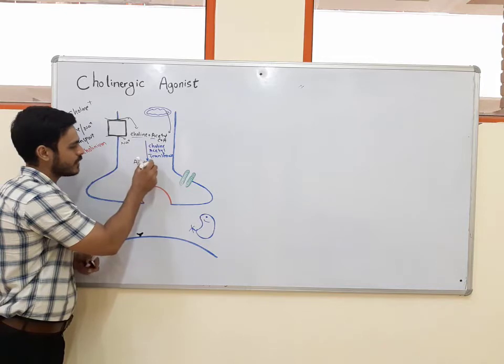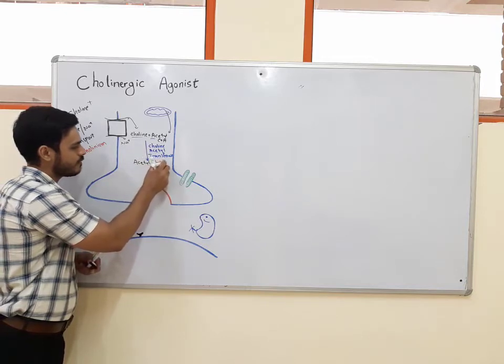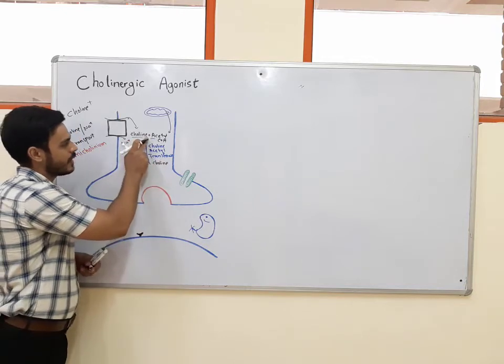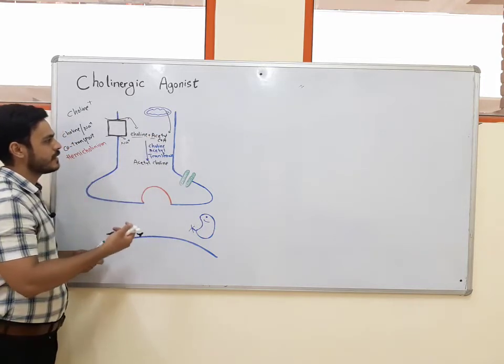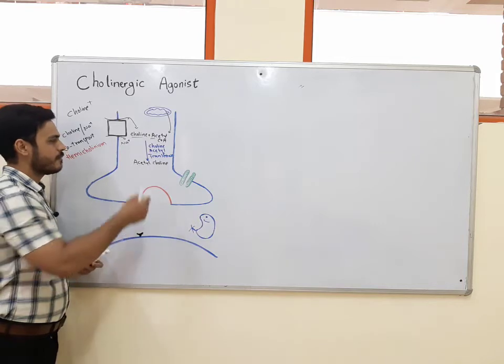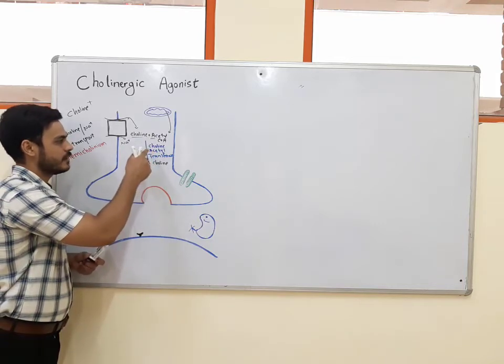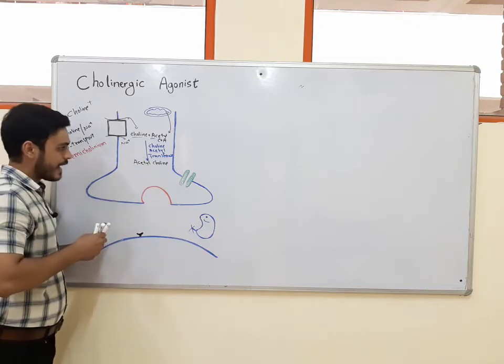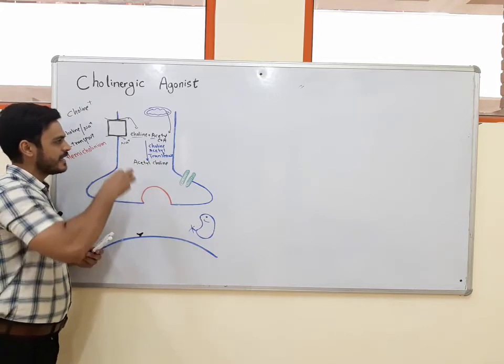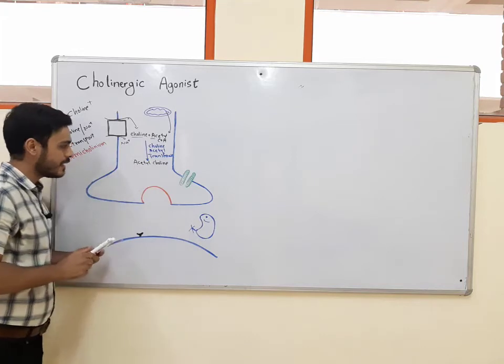So acetylcholine is made of choline and acetyl-CoA. Now we know about the source of acetyl-CoA and choline. By the help of choline acetyltransferase, this enzyme adds one acetyl to the choline and makes acetylcholine.